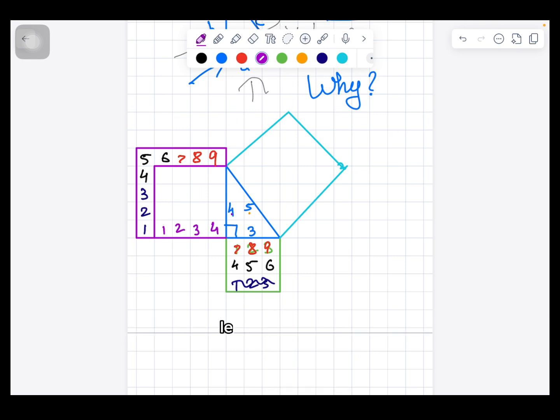How? Let me just count. Look, if you count here, this is 1, 2, 3, 4, and this is 5. Let me show you again. 1, 2, 3, 4, 5. Same way, 1, 2, 3, 4, 5.